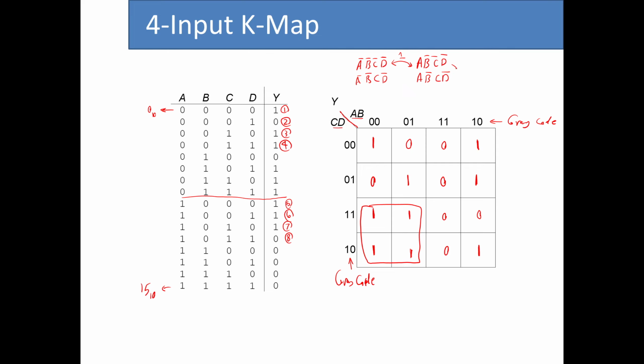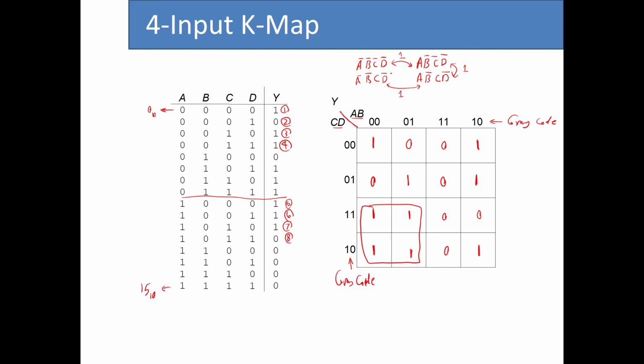What about if we go from the corner at top right to the corner at bottom right? As you can see, A is the same, B bar is the same, D bar is the same, but C goes from C bar to C. So again, we have one change here. What about these two corners, bottom right and bottom left? We have B bar the same, C the same, and D bar the same. So only one change is happening when you go from this corner to this one.